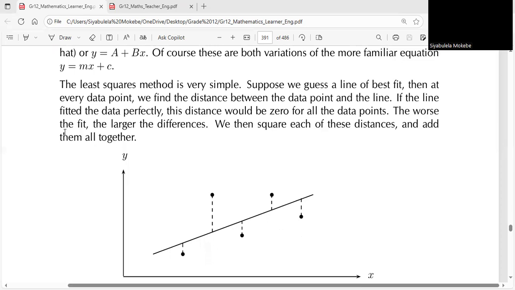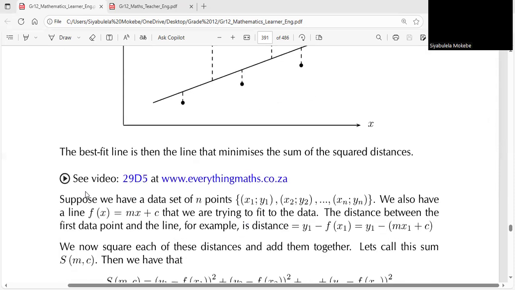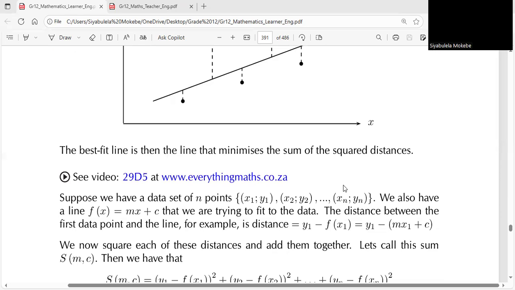The worse the fit, the larger the differences. We then square each of these distances and add them all together. So the best fit line is the line that minimizes the sum of the squared distances.